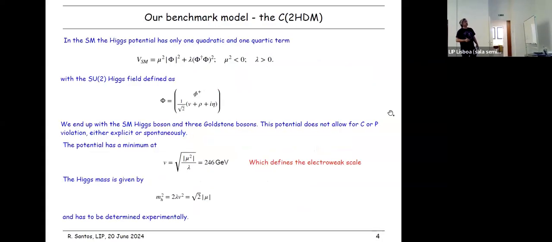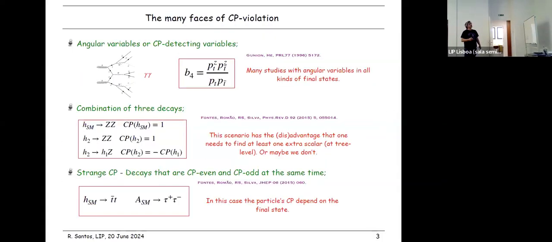There are things that people have been doing for a long time now. For instance, there are these angular variables. One thing that started, at least preparing for looking for the CP nature of the Higgs, is the coupling to the tops.